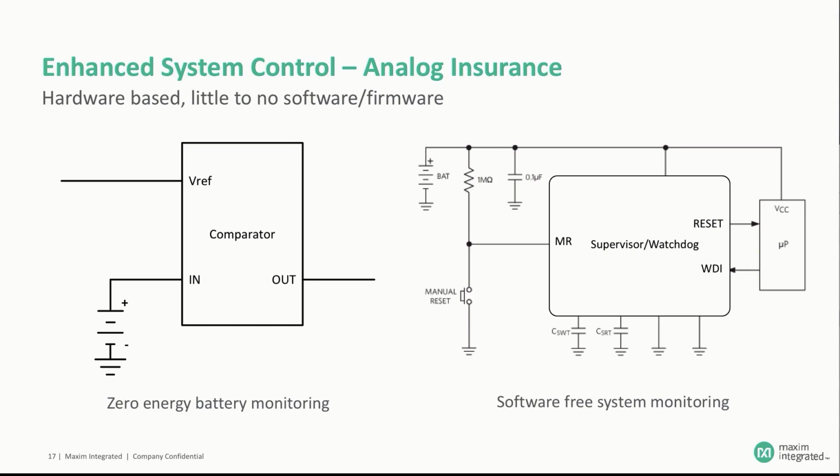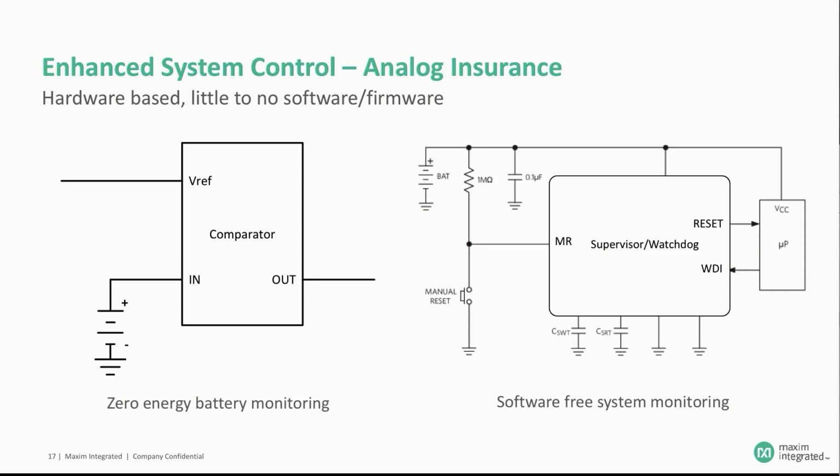In these instances, the comparator runs off of 900 nanoamps, and the supervisor runs off of 125 nanoamps. If the quiescent current of these systems is in the range of tens or more microamps, then the overall impact of these functions is negligible in the overall energy calculation. These functions are energy-free, and the energy cost can be eliminated from the overall energy budget calculation.